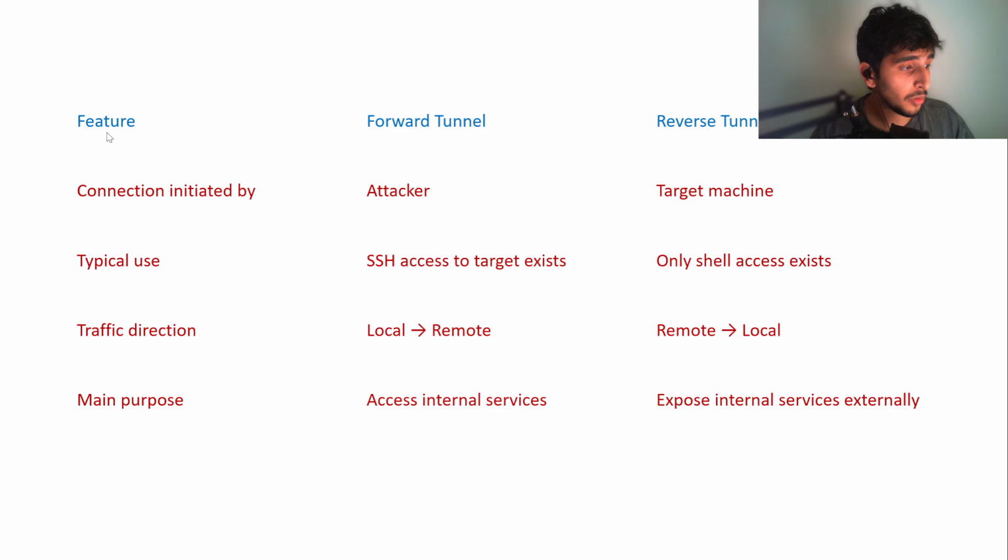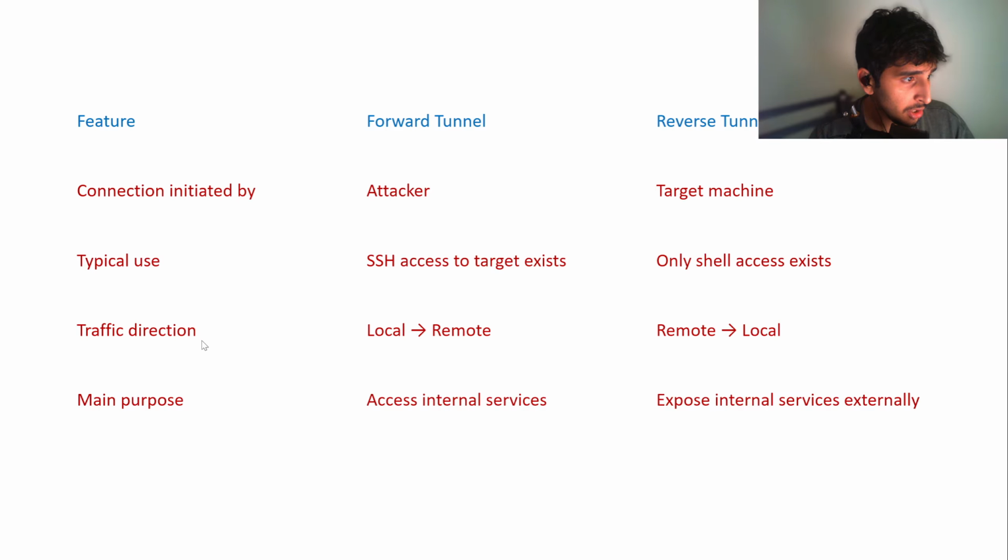So we have this table here. The connection is initiated by the attacker in a forward tunnel, and in the reverse tunnel it's the target machine. The typical use is when SSH access to the target exists, and this is for the forward tunnel. For a reverse tunnel, only shell access exists.